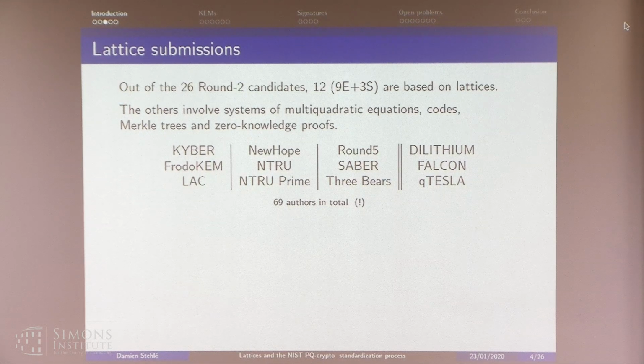Lots of beautiful things that I will not cover during this talk. So if you are interested, go and read. Maybe something special about lattices compared to the others is that lattices are the only ones that have both KEMs and signatures. So if you want to rely on the minimal number of hardness assumptions, take lattices.